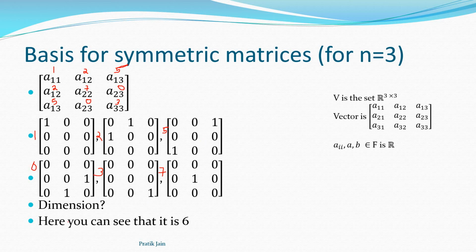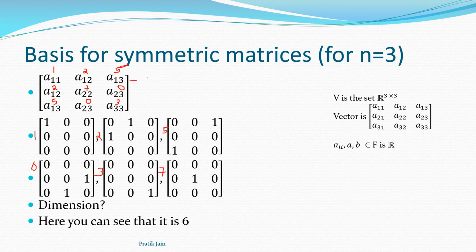So about the dimension, say for an n cross n, what will be the dimension? So the dimension will change, right? That is simple. If you see over here, you got 6. How did you get that? This is nothing but the number of free variables over here. So A11, A12, A13, A22, A23, and A33 are the free variables. These are the variables that you have to decide. So that makes your dimension.